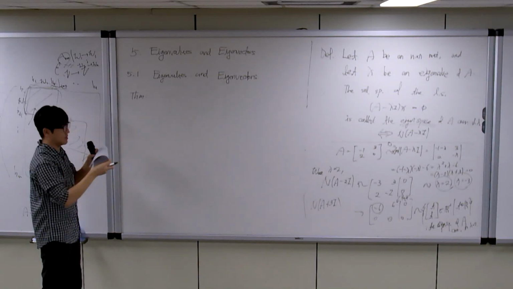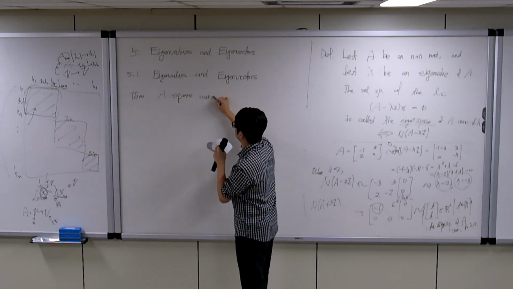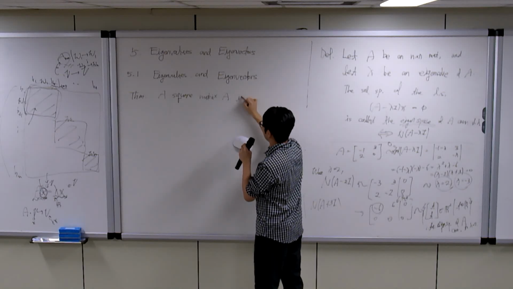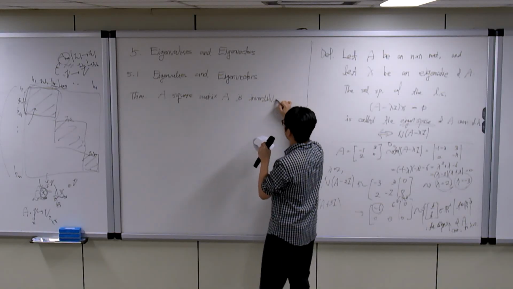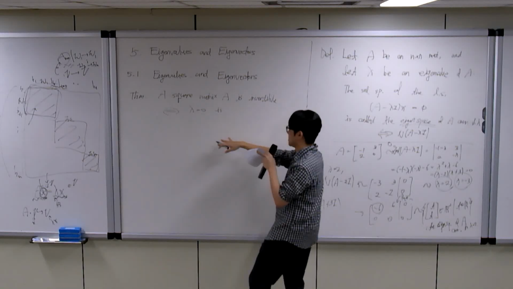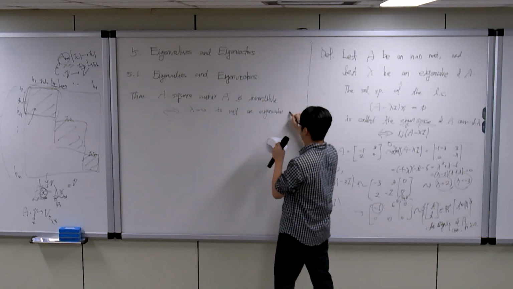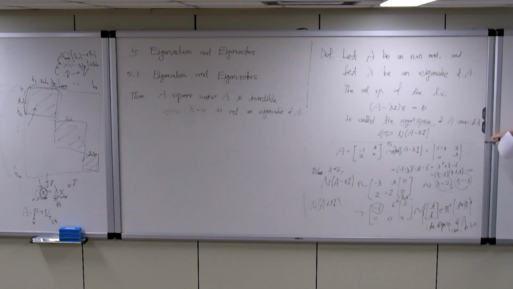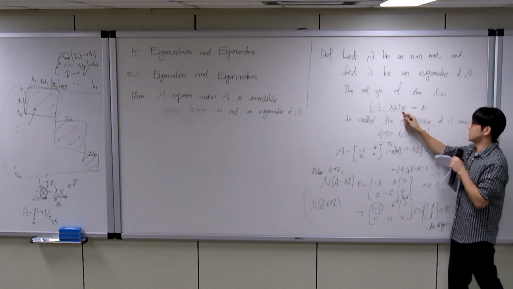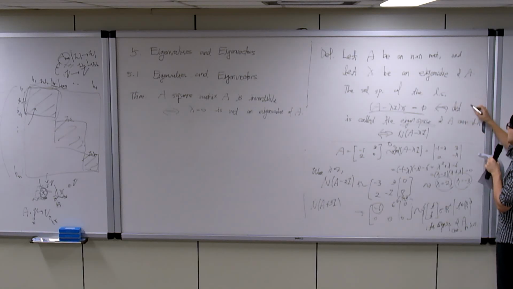A square matrix A is invertible means lambda equal to 0 is not an eigenvalue of A. If lambda is an eigenvalue of A, it should satisfy this equation, and equivalently the characteristic equation would be 0.